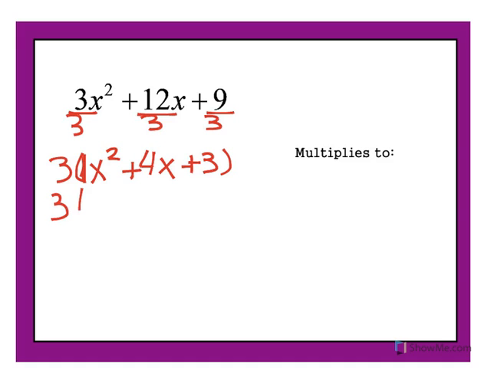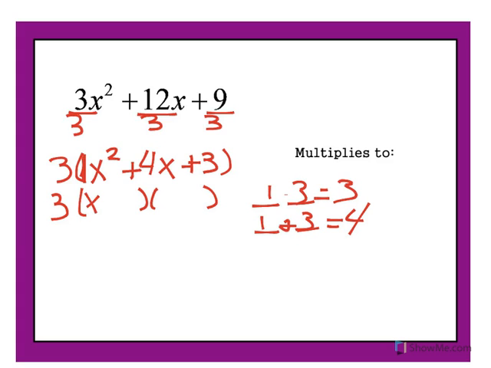The reason that is very, very exciting is we now need two numbers that multiply to 3 that add to 4. Well, that's just 1 and 3. So because a is 1, we can simply write x plus 1 and x plus 3. And we're done factoring. They all happen to share a factor of 3.